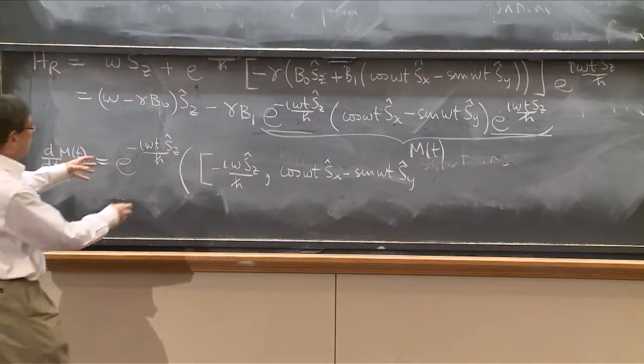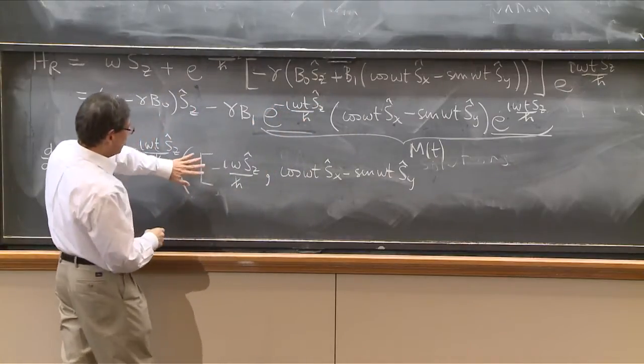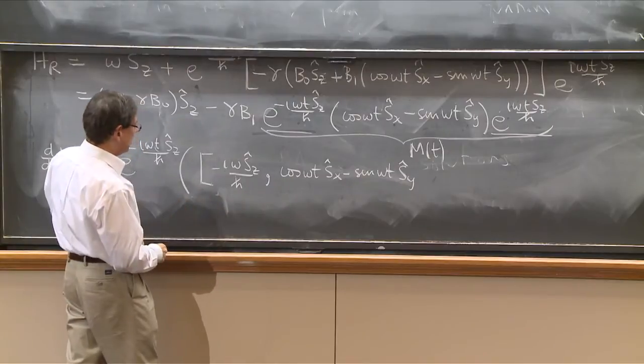Because the first derivative brings down the minus i omega this over that. So I'll actually take the minus i omega over h bar out.